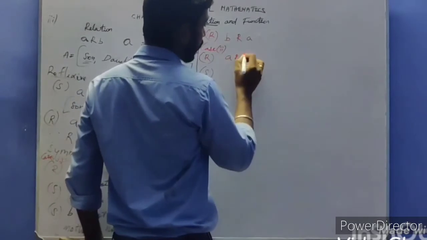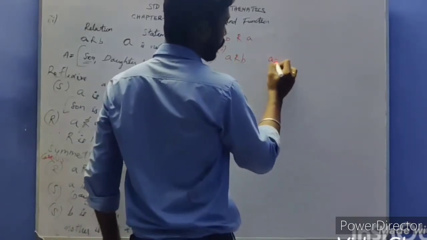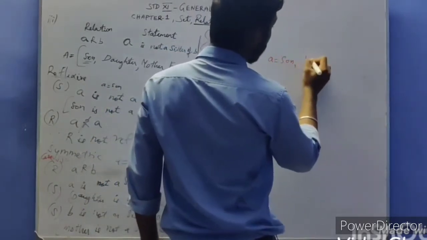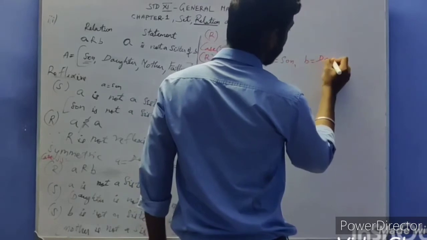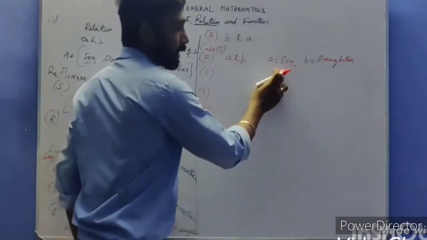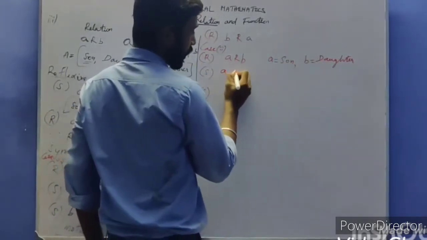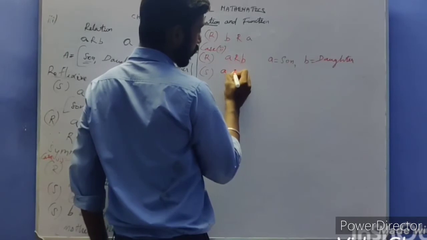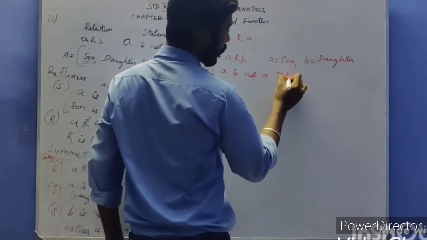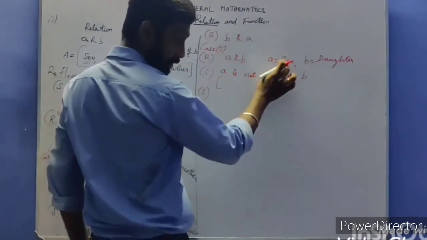If you are considering A equal to son, then B is equal to daughter. Now see, A equal to son, B equal to daughter. A is not a sister of B. Here the example, A will be son.